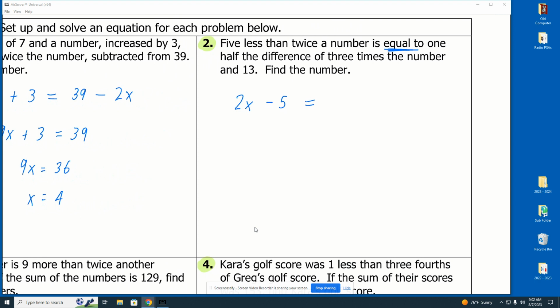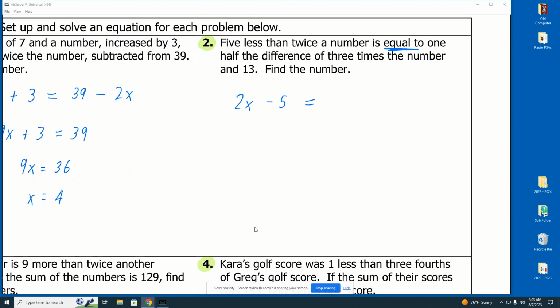Okay. Next side. It says 1/2 the difference of. Okay, so listen. If I were to say 1/2 of a number, that's 1/2 x, right? Or how else could we do 1/2 of a number? I could do 0.5x. There's one other really good way. If I did 1/2 of a number, I could do x divided by 2. Those are all 3 really good options. 1/2 x, 0.5x, or x over 2.